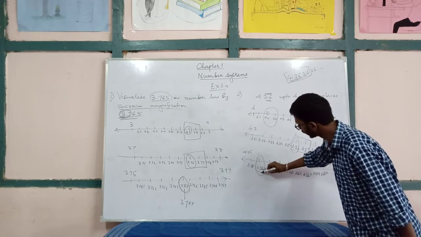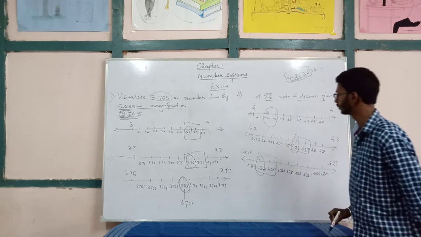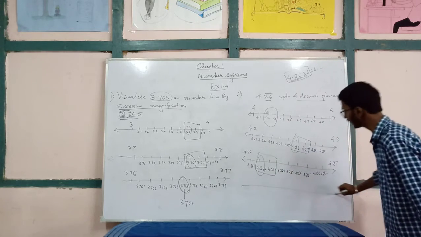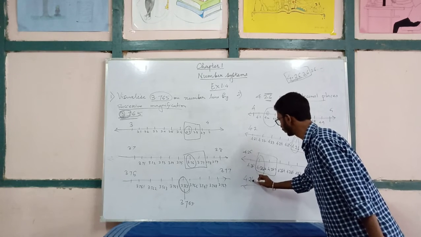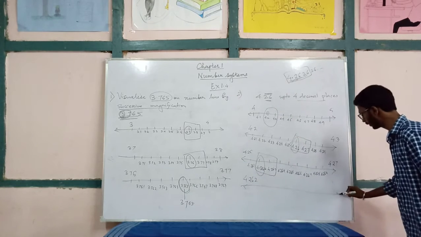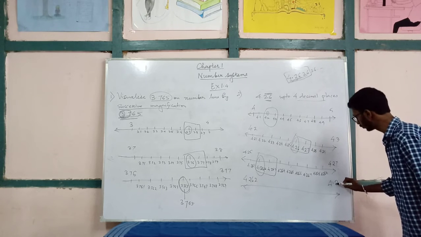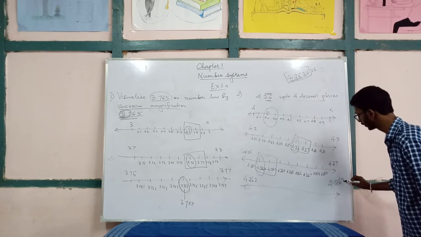So now we are going to magnify these two decimal numbers. We'll again draw a number line. At one end we'll write 4.262, other end we'll write 4.263.